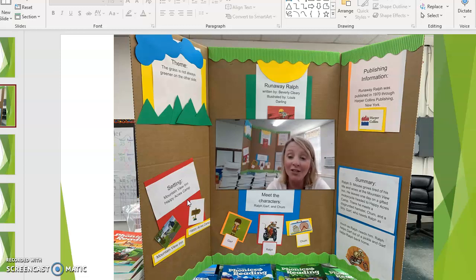I've never watched the movie, but that would be another extension activity that you could do. Of course, we would read it and we would write about it, but then, especially if I were reading this second semester of fifth grade, we would watch the movie and then we would compare the differences between the book and the movie.